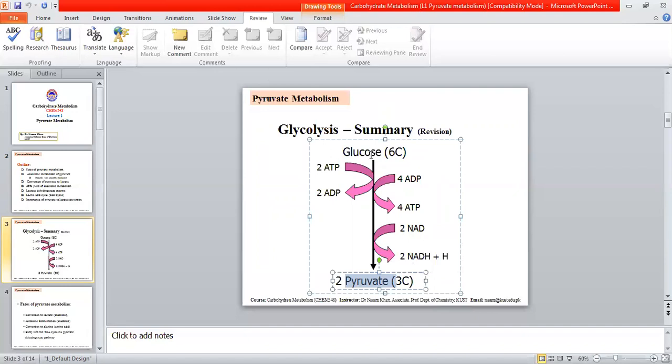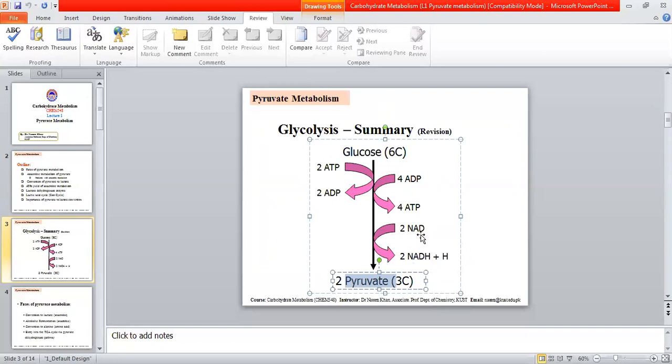And in this process, from glucose to pyruvic acid, 2 ATP molecules were consumed, while 4 ATP molecules are produced. So it means 2 net ATP molecules were produced.